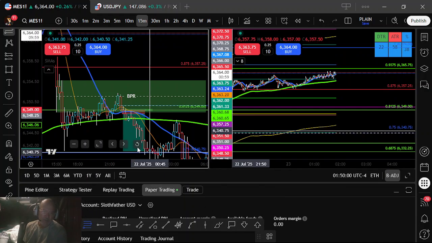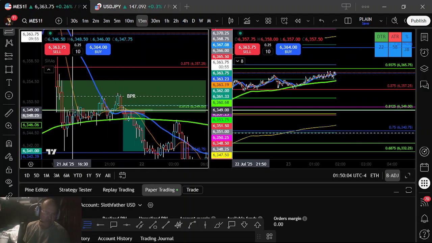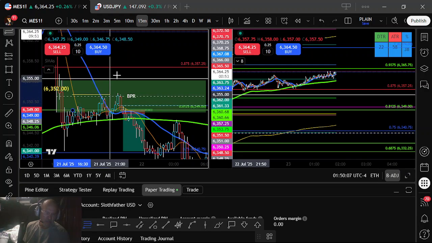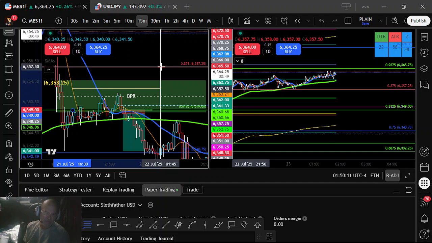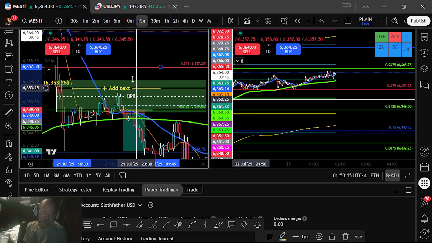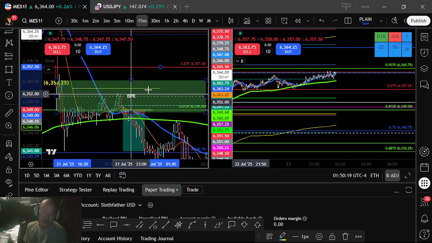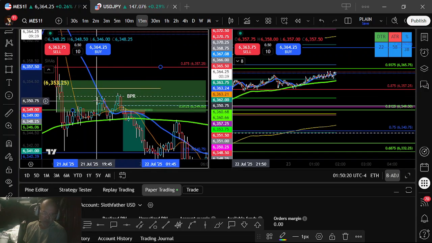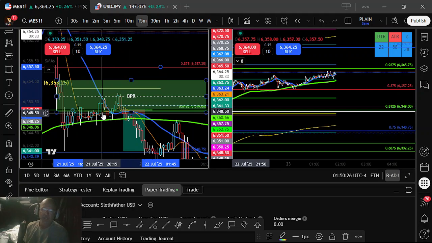I want to see premium and discount from this DRT level to this DRT level. Okay. So we never broke into premium pricing of these two DRT levels, which means we didn't break above the halfway point. We also never got above what I marked out as the halfway point of the balanced price range.